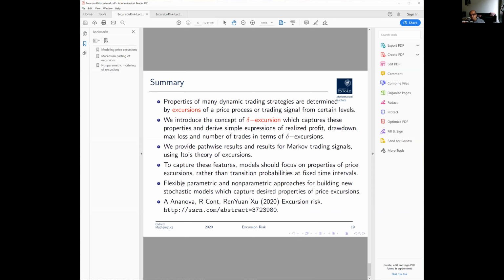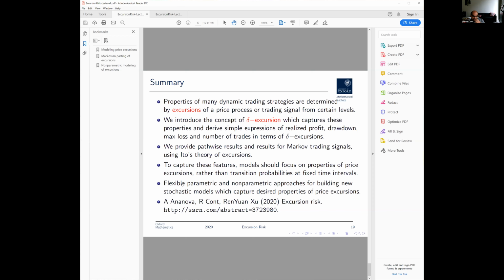Okay, and I showed you examples where well-known diffusion models that you use a lot for these applications seem to do a poor job in modeling the properties of delta excursions that we're interested in. So the last part was, what can we do other than use OU? I showed you two approaches to build new models which capture the desired properties of excursions for your data. One was parametric models, using simple models such as OU or Brownian motion as building blocks and doing this pasting operation.